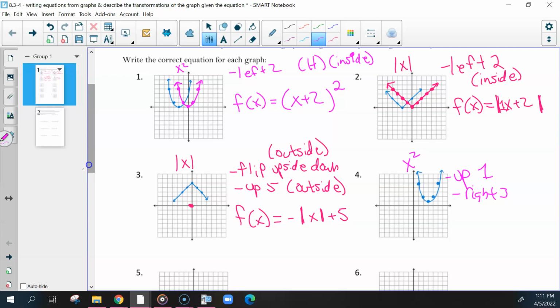And so with those two things, up is that inside or outside? Is it vertical or horizontal? Up is vertical. So if it's vertical, that's outside.